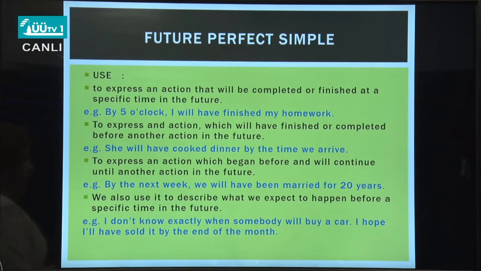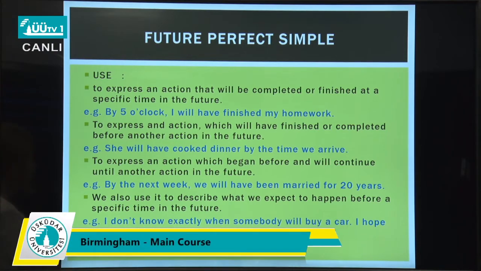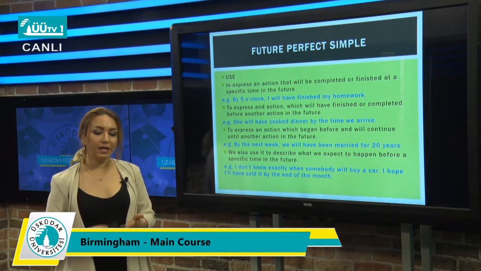So, as you know, in perfect tenses, present perfect, past perfect, and future perfect, we are talking about completed action. So the most important thing about perfect tenses is about completing that. The process is going to be finished for future perfect. And what verb do we use for that?